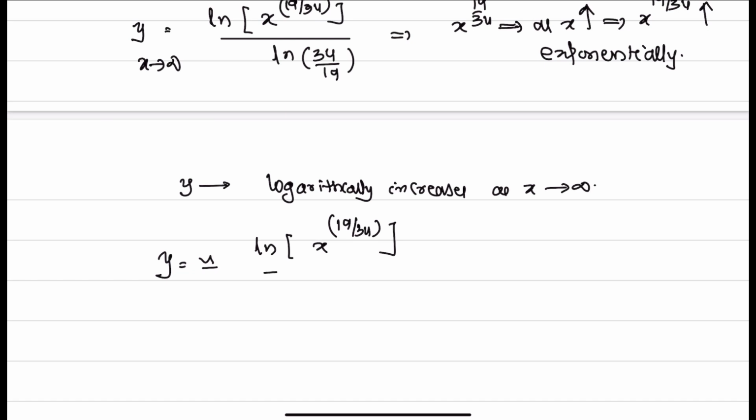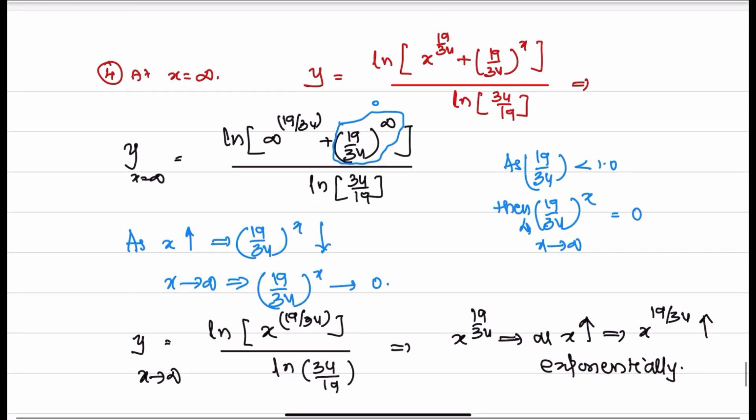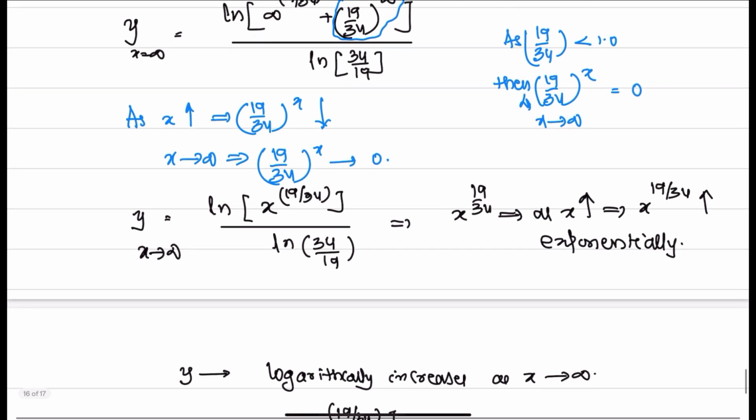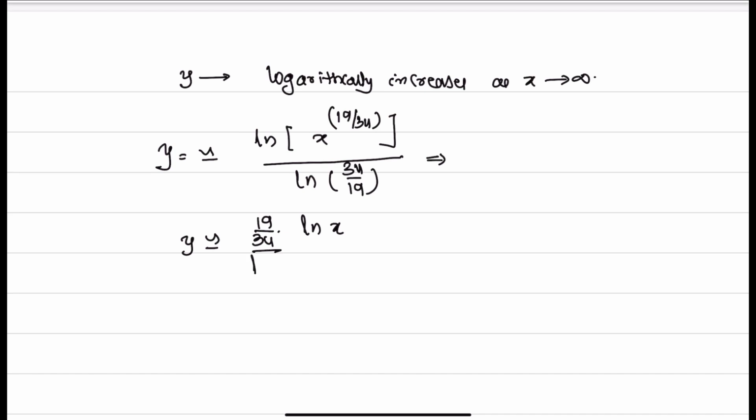This way divided by ln 34 by 19. Because the value of 19 by 34 is taken as 0 as x tends to infinity, this becomes y approximately equal to 19 by 34 into ln x divided by ln 34 by 19.